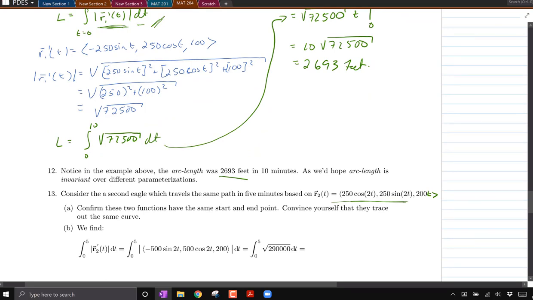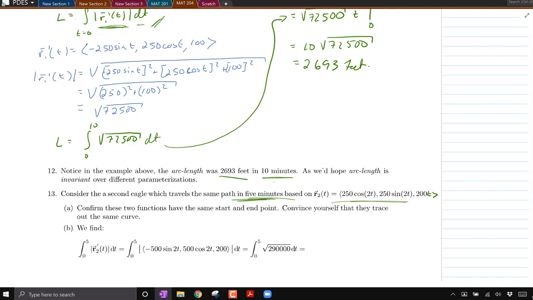You could do some work to show that these are two different parameterizations of the same curve, though we're not going to do that work right now. The key difference is that this eagle flies the entire curve length in 5 minutes, whereas the first eagle did it in 10 minutes. So they're doing the exact same path, but one is doing it in half the time.